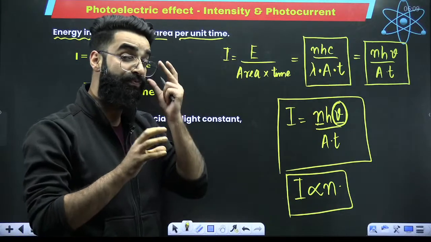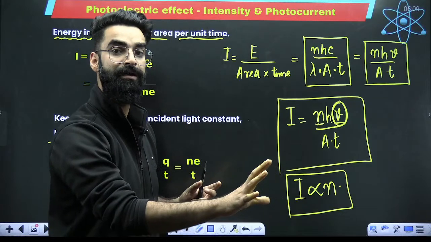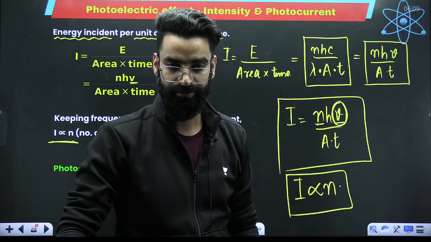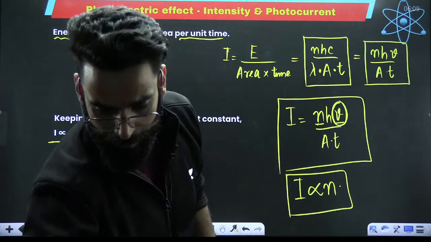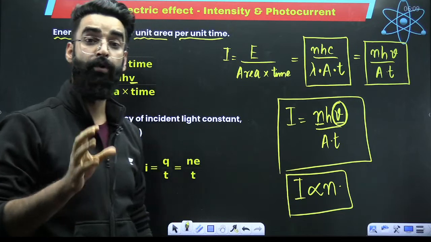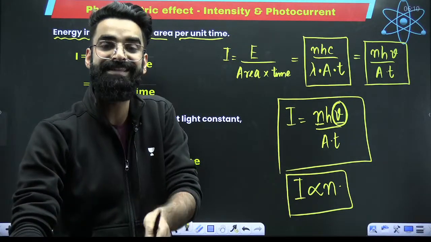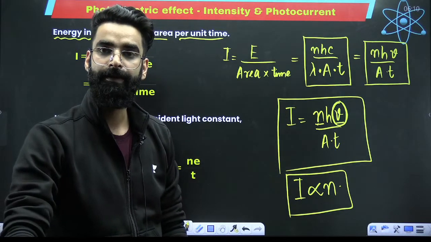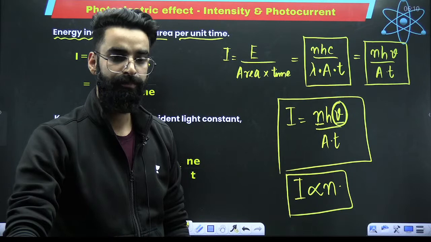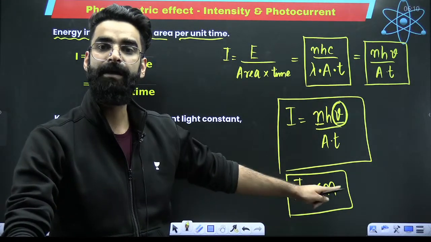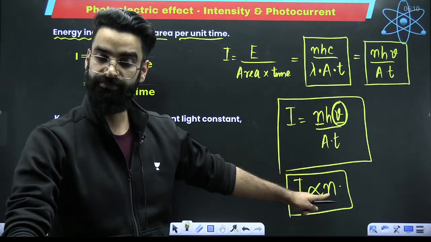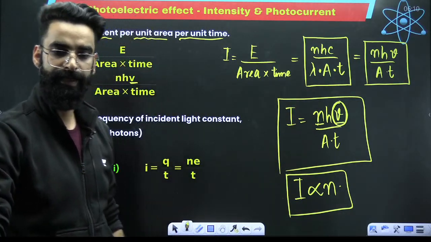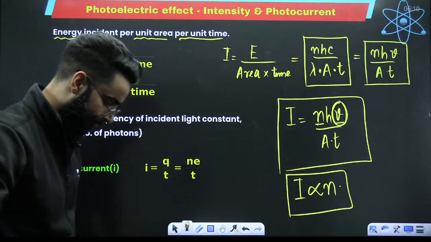So, the more photons emitted by the source, the more is the intensity basically. Agreed? So intensity depends on the number of photons emitted by the source. The more photons emitted by the source, the more is the intensity of the light, in short. Okay, one more thing.